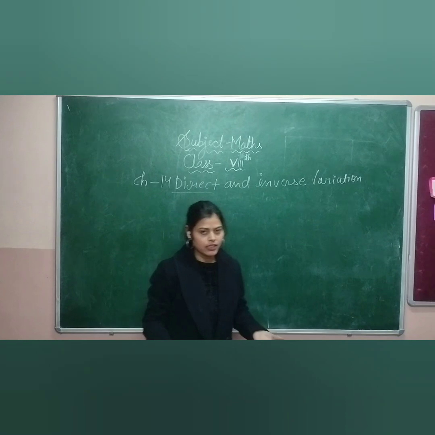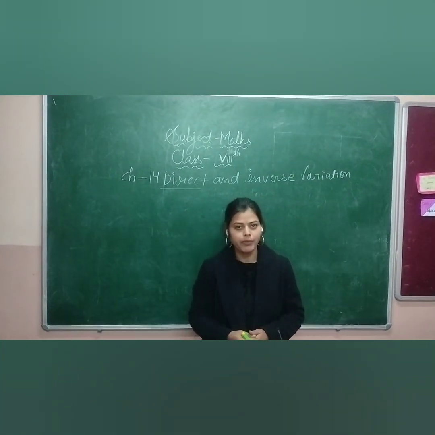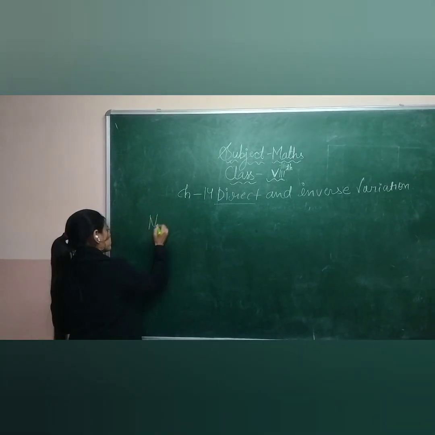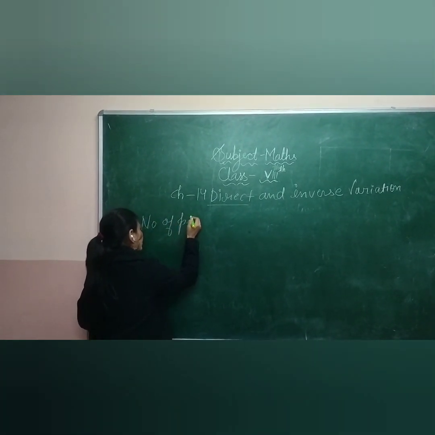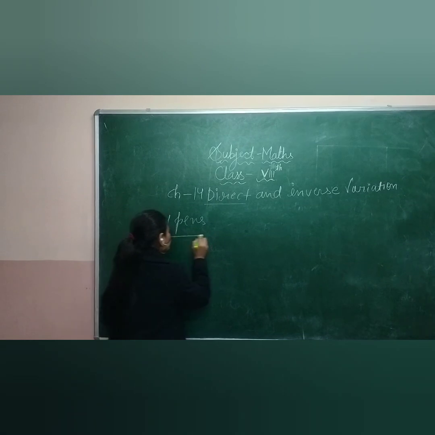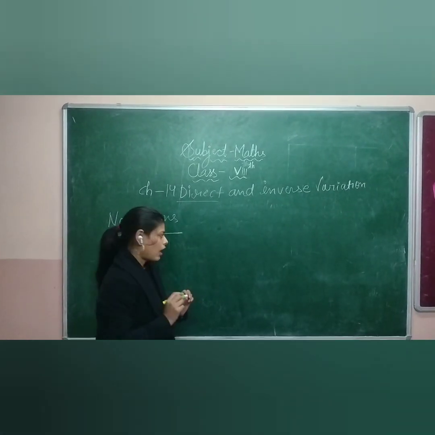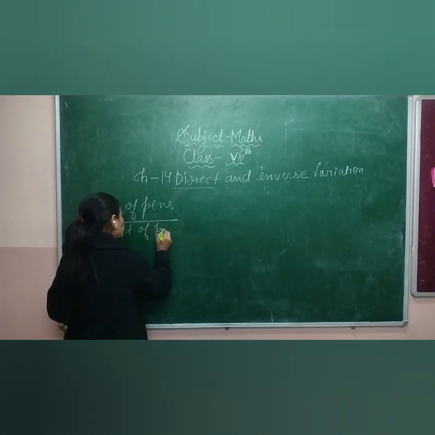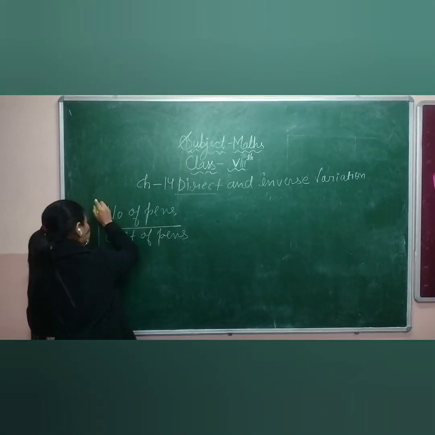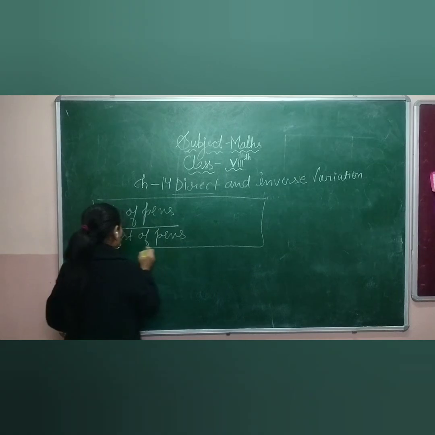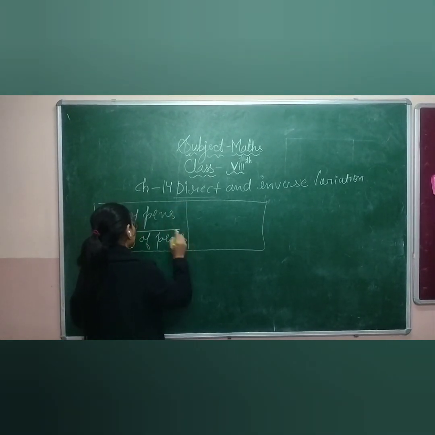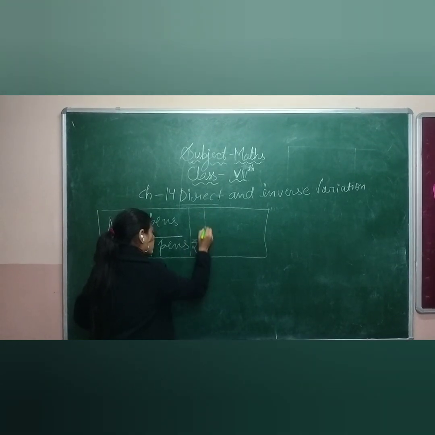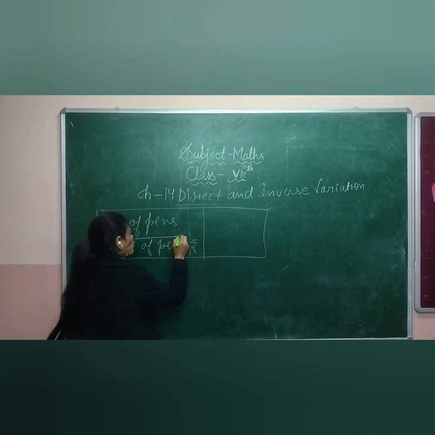Now understand this concept with the help of an example. Here I am taking, suppose, the number of pens, and the other variable is the cost of pens. Suppose I am taking this table, and here the cost is in rupees.